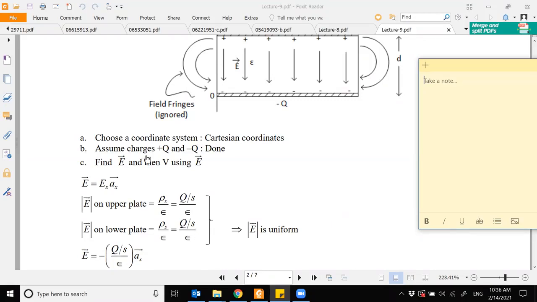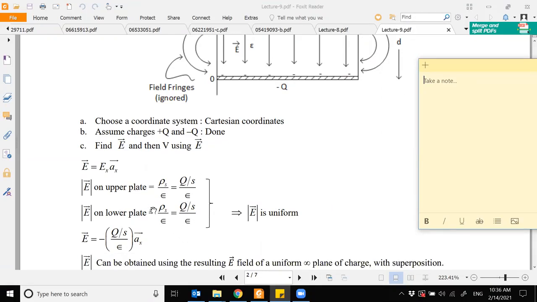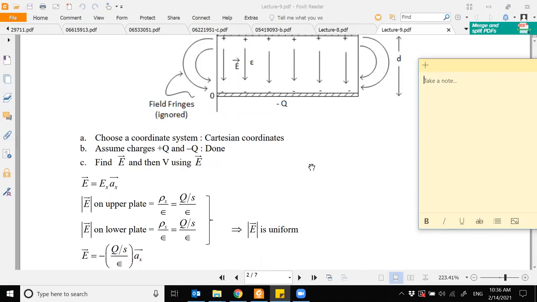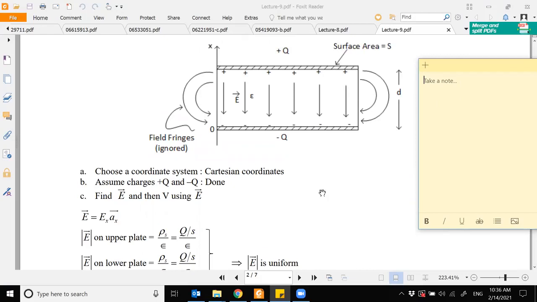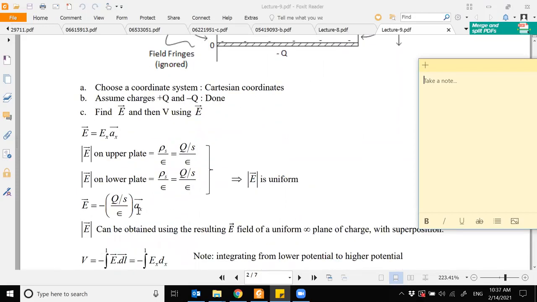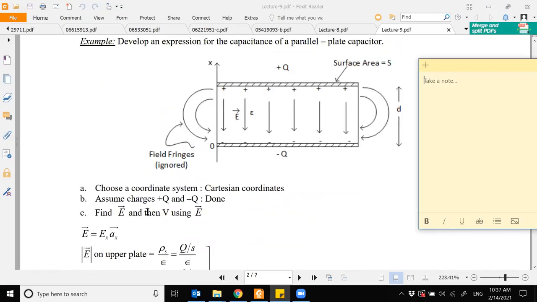For example, here we are using it. We are working with the magnitude, we got the magnitude, and we are allowing the unit vector to decide the sign. How? By analyzing it. When we analyze, the electric field is in this direction and therefore it is minus Ax. So this is the electric field of this problem.